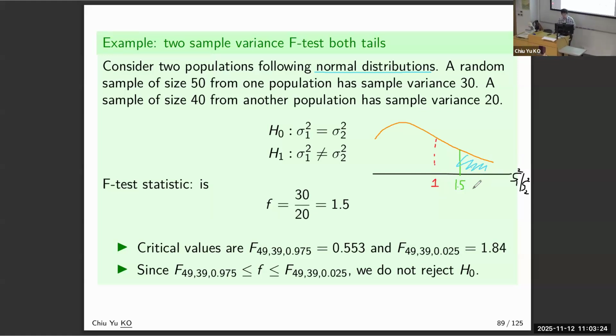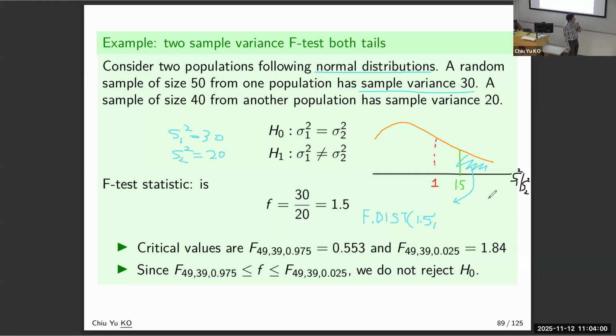So what's this area? We just use F.DIST, as we have seen. It's 1.5 because S1 square is 30 and S2 square is 20, so that's 1.5 here. Then you put N1 minus 1; N1 is 50, so you put 49.